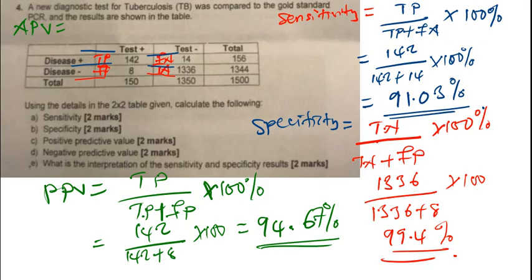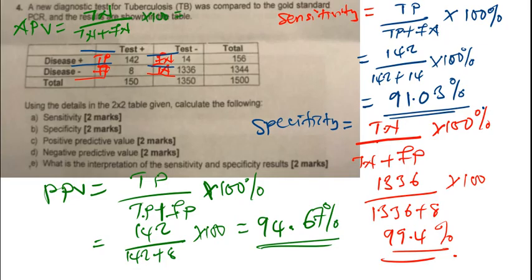But the test that gave us negative, indeed the people who didn't have disease, which are true negatives, we have to divide by the total of all the things that gave us negative. So it is the true negative divided by the true negative plus the false negative. They were negative but they are false. Okay, so you do times 100.